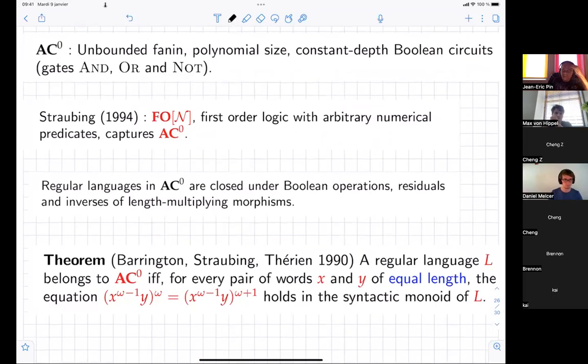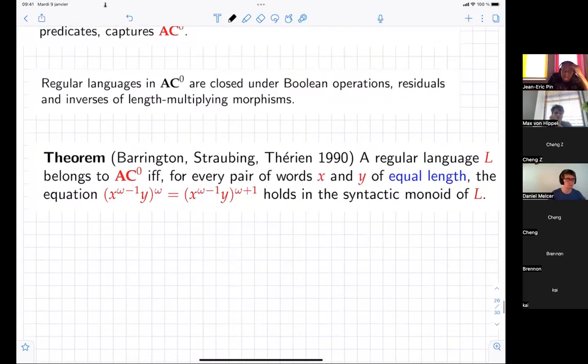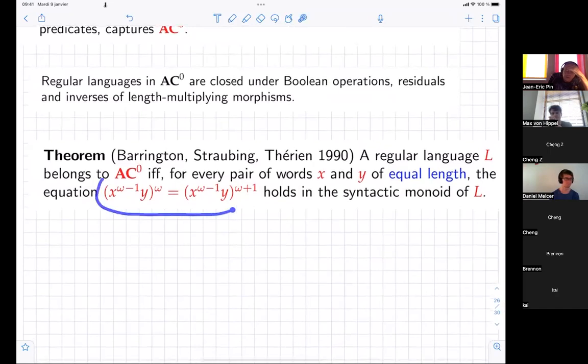And now here comes the beautiful theorem by Barrington, Straubing, and Therien, looking back in 1990. The regular languages in this class are defined by some kind of profinite equation. You see this equation involves this omega operator I had before, so it's not that complicated.